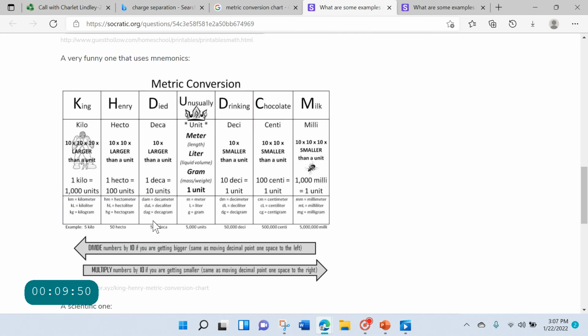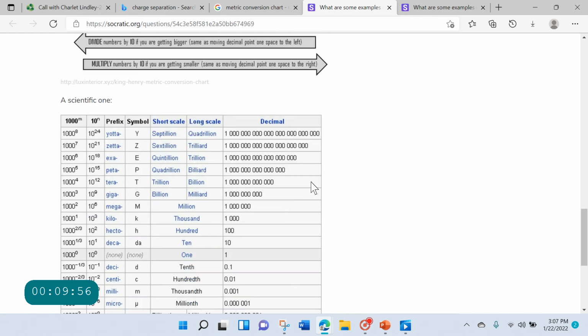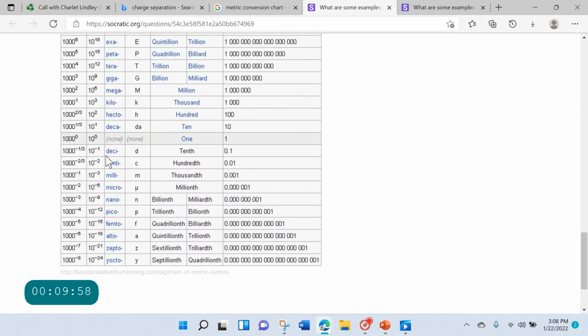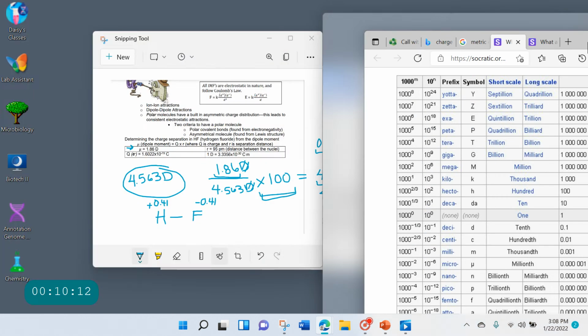And this is the King Henry died unusually drinking chocolate milk thing that you can memorize. For those specific ones, I had some methods that made it easy for me to do the memorization. I've memorized up to tera and then down to pico. I don't go below that. So anyway, I hope this helps.